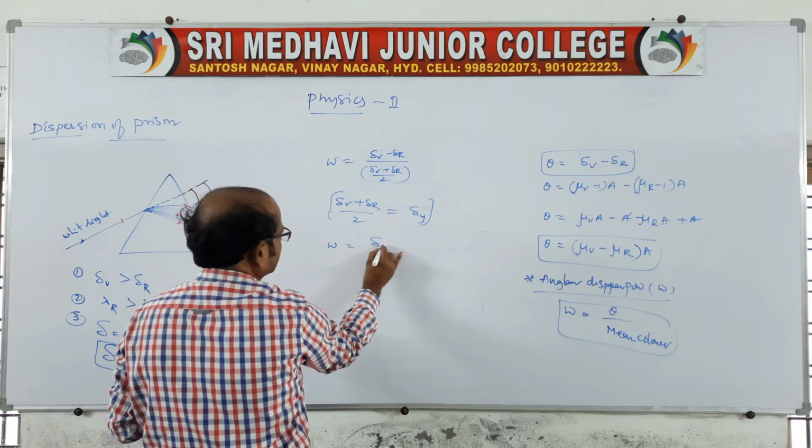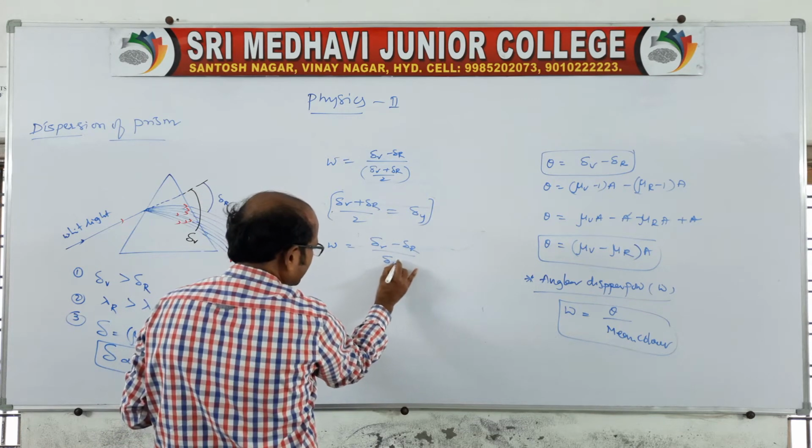Omega is equal to delta V minus delta R by delta Y.